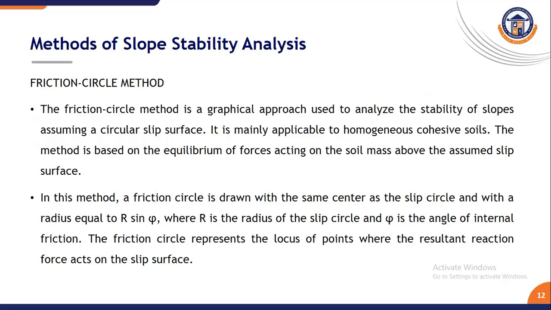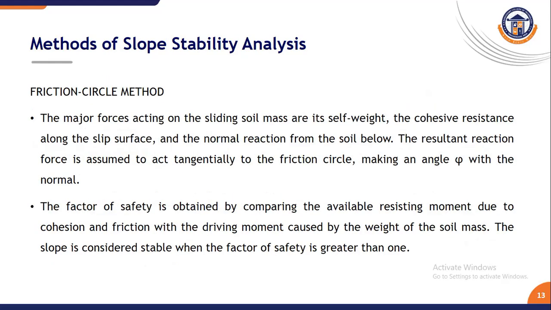The main forces acting on the sliding mass are its self weight, cohesion along the slip surface, and normal reaction. The resultant reaction is assumed to be tangential to the friction circle. The factor of safety is obtained by comparing the resisting and driving moments. The slope is considered stable when the factor of safety is greater than 1.